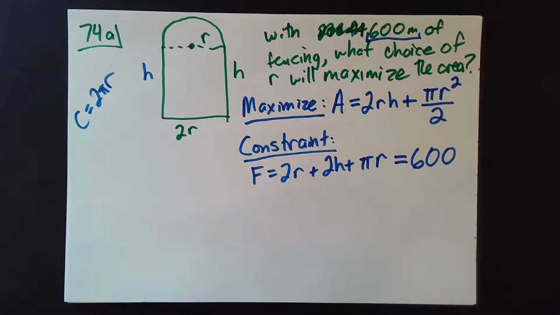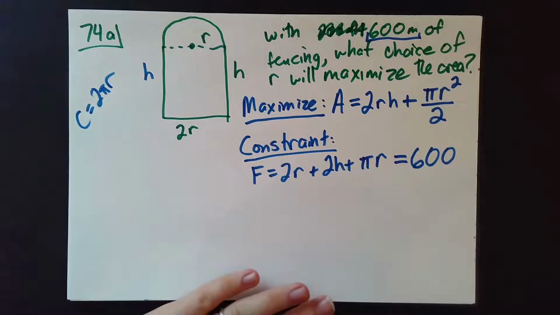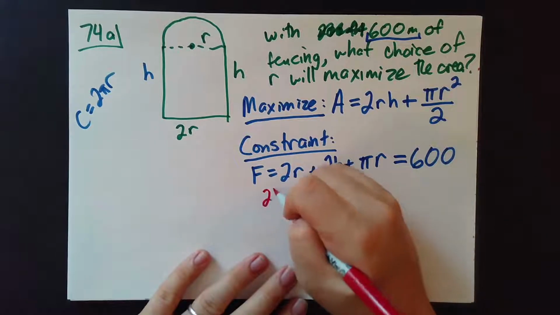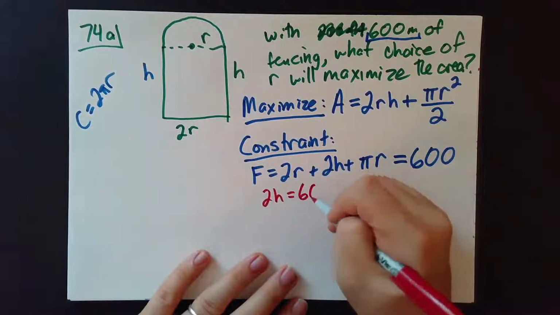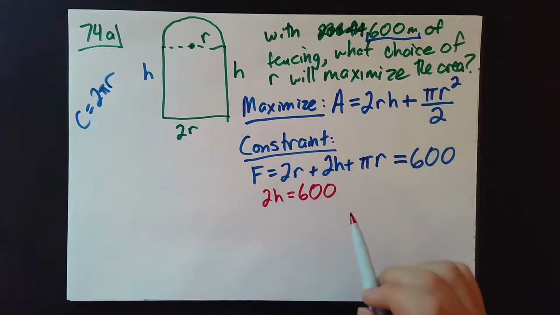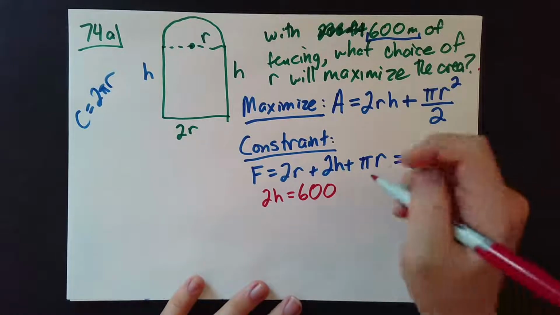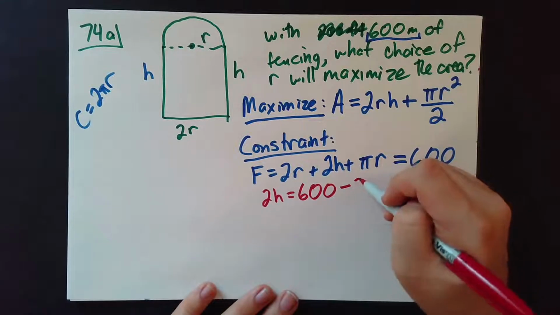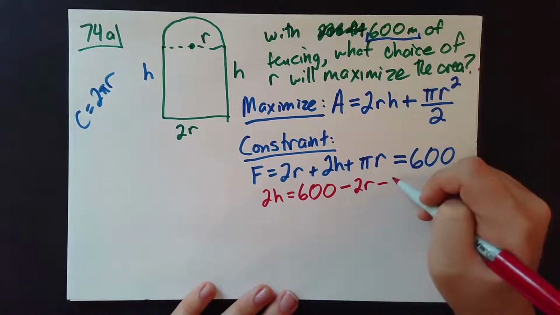So we have to solve the constraint for our choice of r and h. And it's probably a little easier in this case to solve it for h. So if I do that, I'll say, okay, so 2h equals 600 minus 2r minus pi r.